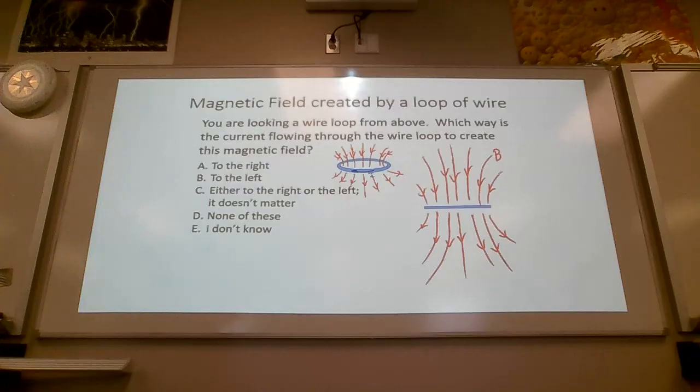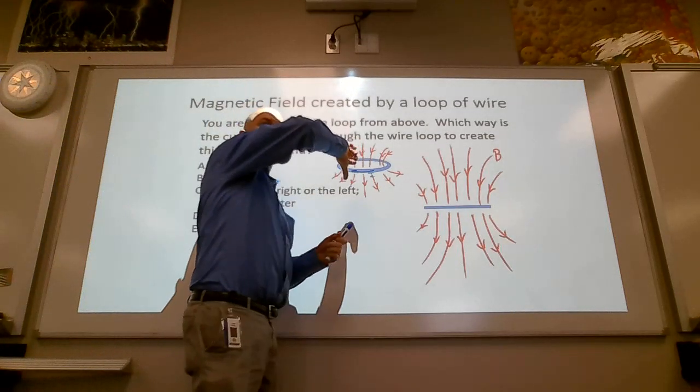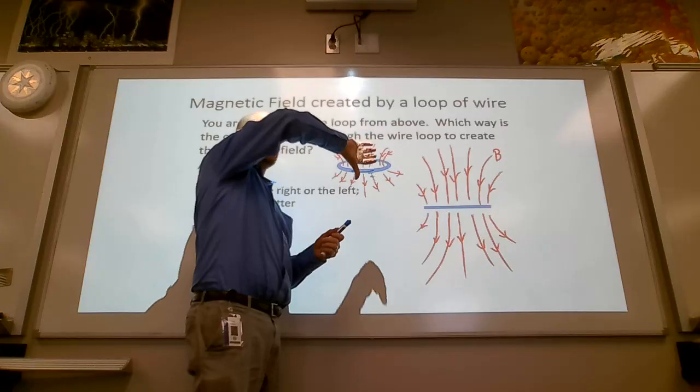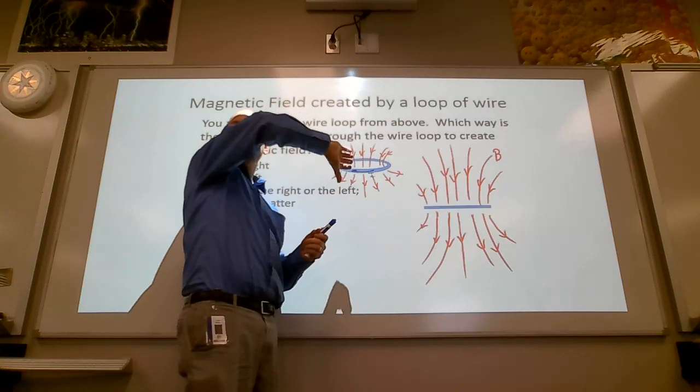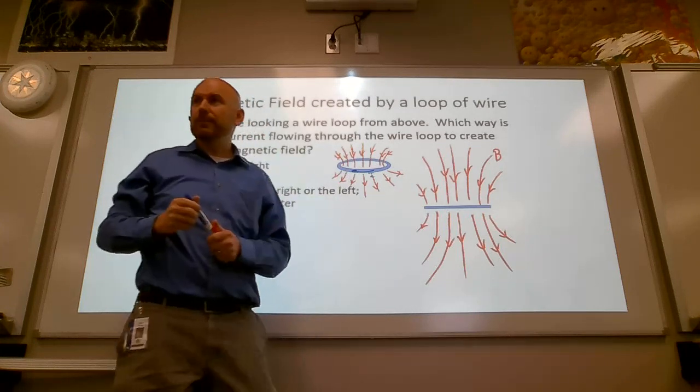The second way is what I call the alternative right hand rule number one. This is used anytime you have a coil or a solenoid or loops of wire. You can stick your thumb in the direction of the magnetic field, and your current goes around in the direction that your fingers are wrapping around that coil or loop.